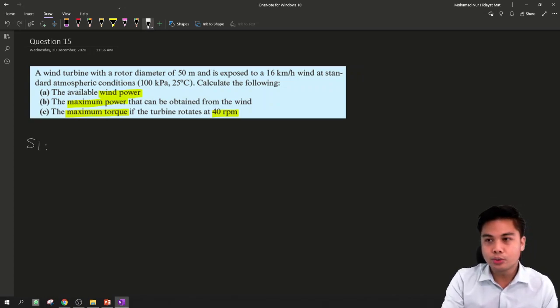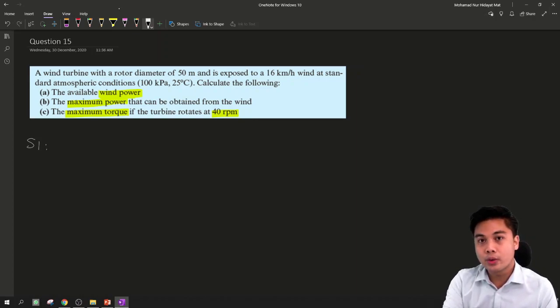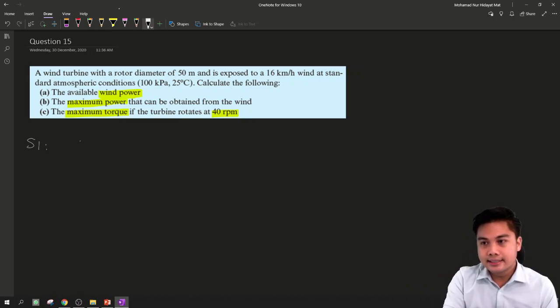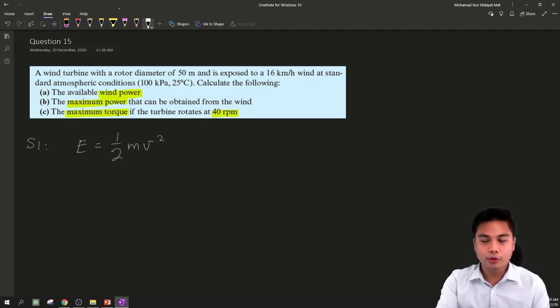In order to calculate the available wind power, we must know that the wind power is equal to the power input to the turbine. So it is coming from the fluid. Basically the turbine receives energy from the kinetic energy, which is half m v squared.